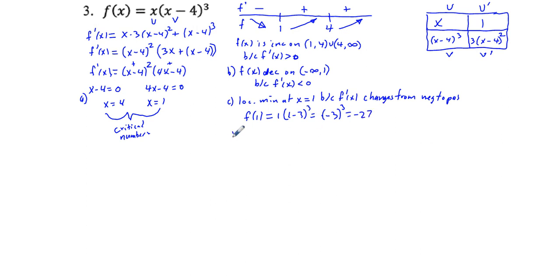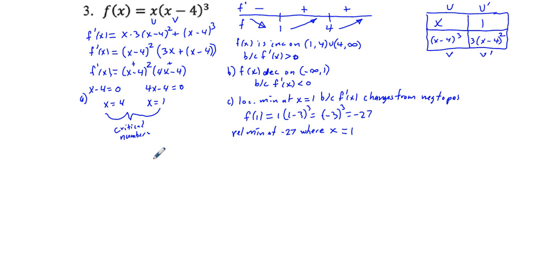So we'll say relative minimum of negative 27, where x is equal to 1. It says relative minimum, and I think if we diagram this, we're going to have an absolute minimum as well. But it is also a relative minimum.